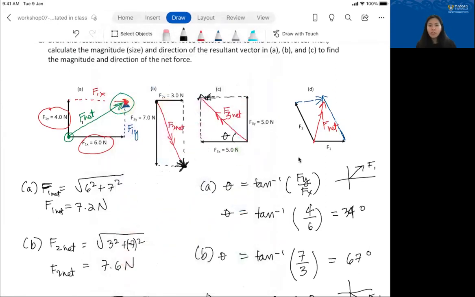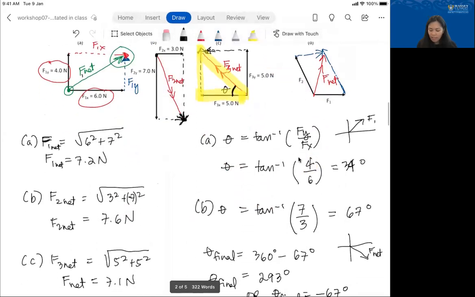When you're getting angles, look for the right angle triangle. So that will be this triangle here that you're considering, because that triangle contains your x and y components. So you're getting this angle theta here.